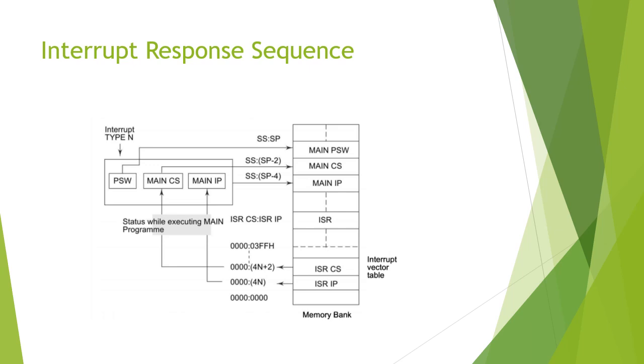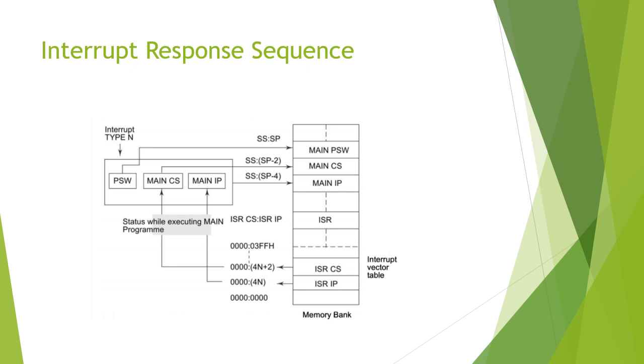Now once it is done, who will take the place of this? That will be calculated by type N into 4. So that 4N, it will go to that memory location. You will be getting the interrupt service routine's IP value. The next word location will give you the interrupt service routine's code segment value. By combining these two, they will take the place of the CS register and the IP register.